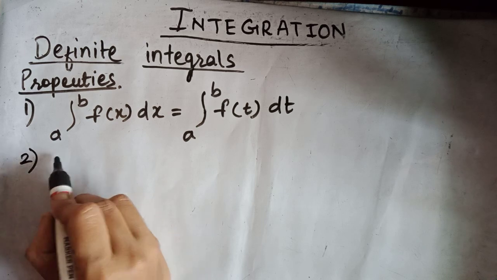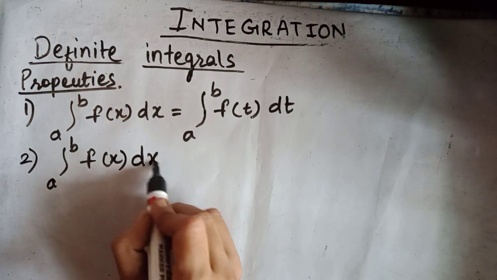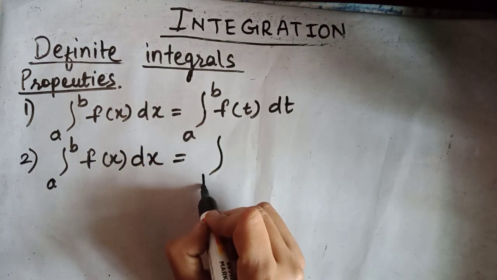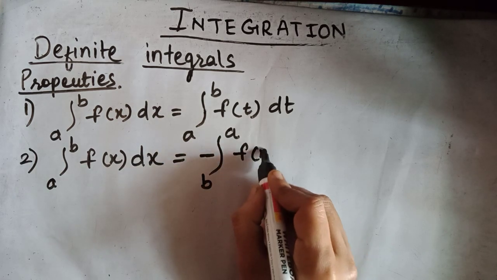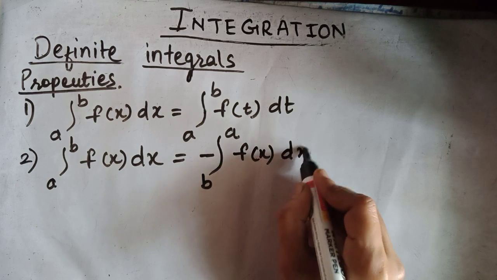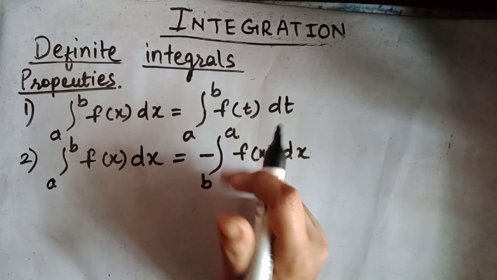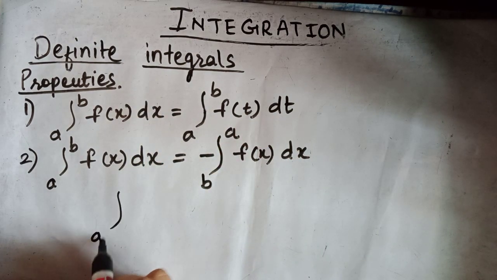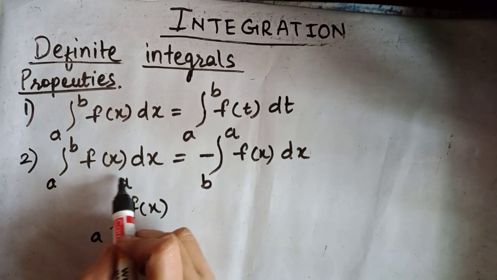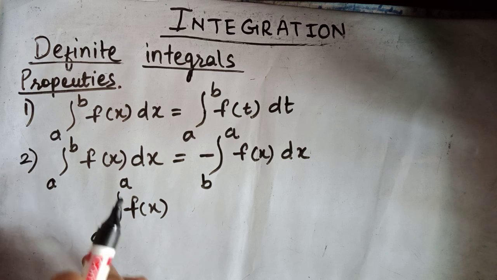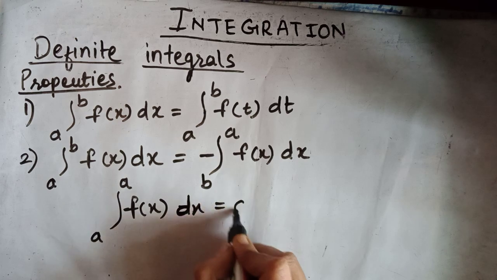Second, the integral from a to b of f of x dx, you can interchange the limits to b to a, you just have to put a negative sign here. Suppose the limits are the same, that is from a to a, then this integral is directly 0.